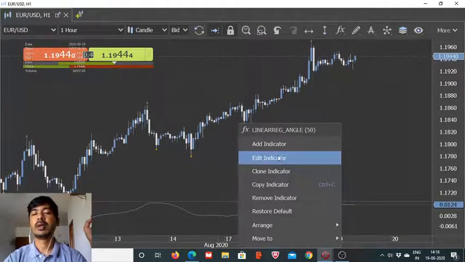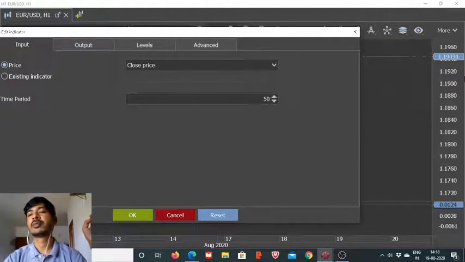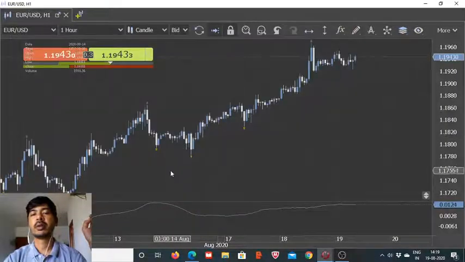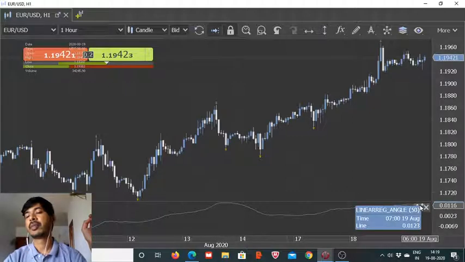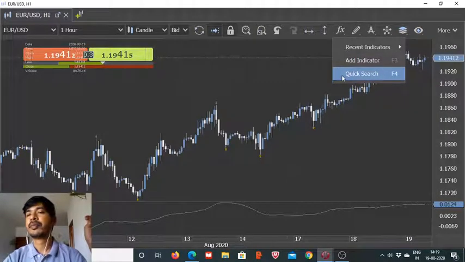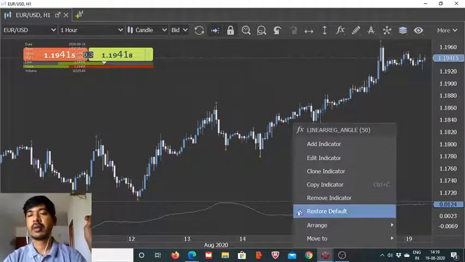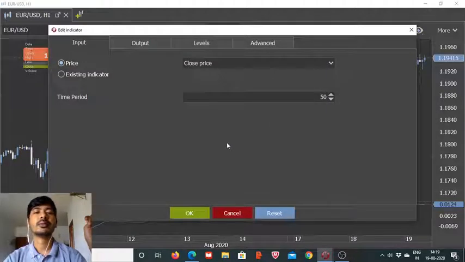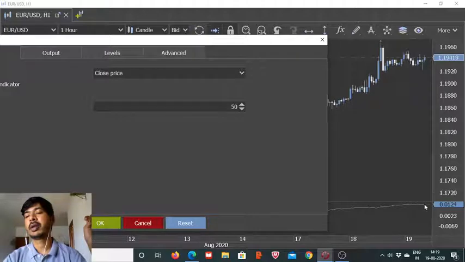So here when we change the applied price, wait a minute, so here we should be able to see the linear regression angle output value, and then we have to edit, coming to the closing price, and pay attention here on the lower side.